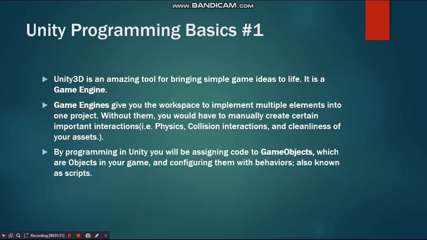And without them, you would have to manually create certain important interactions like physics, collision interactions, and the cleanliness of your assets. Where all of them go? What are they even? By programming in Unity, you will be assigning code to game objects and configuring them with behaviors, which are also known as scripts.